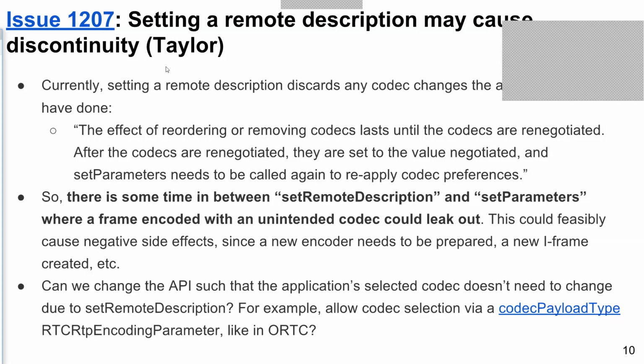The one example I can bring, which we're fighting right now, is basically RIDs. You can easily create all kinds of weird scenarios where setParameters says I want these three RIDs, and then the setRemoteDescription doesn't match, and you will have to figure out what you do about it. Either you take the minimum subset, or you throw an error, or something along these lines.